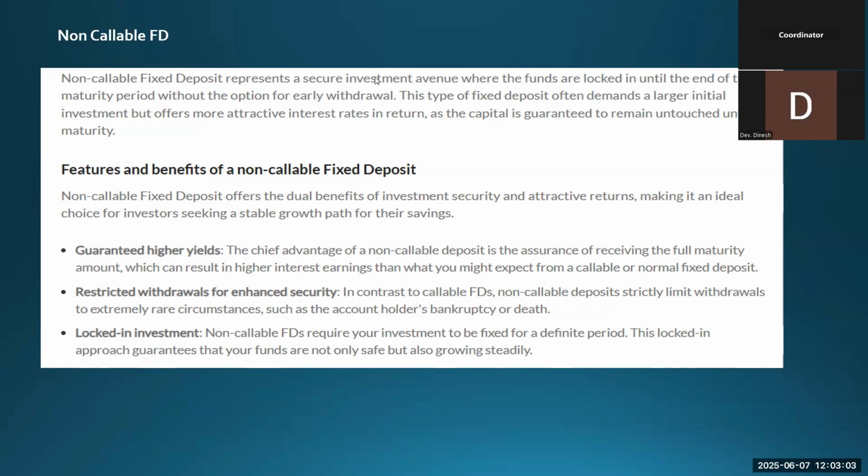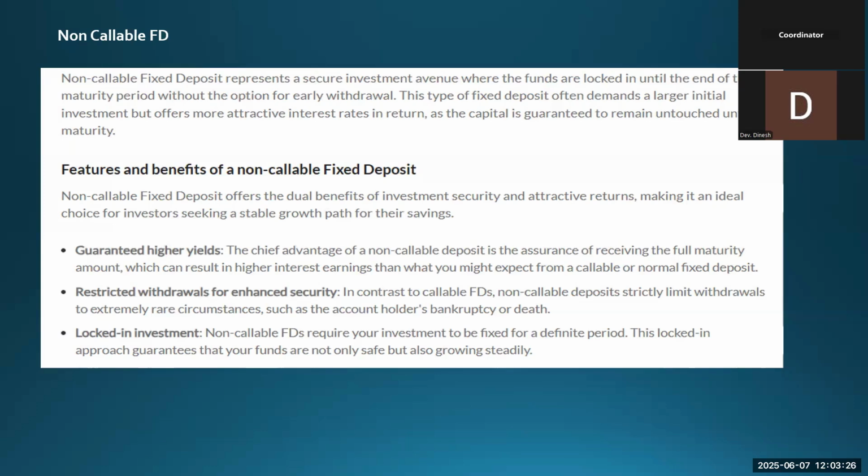What are the benefits? Guaranteed higher yields. It gives higher yields because the amount which is invested is very high. Also premature closure is not allowed. So non-callable FDs will give you higher interest rates, with restricted withdrawals for enhanced security.